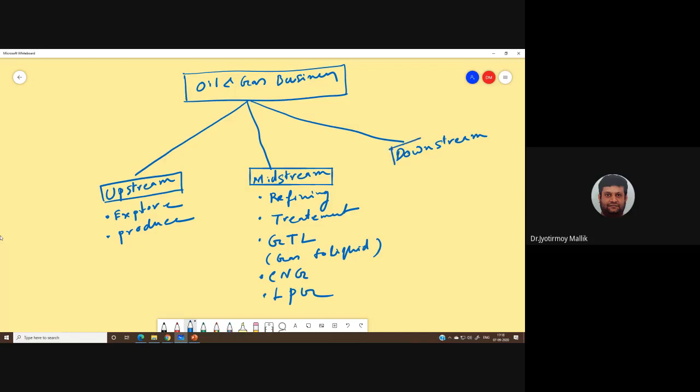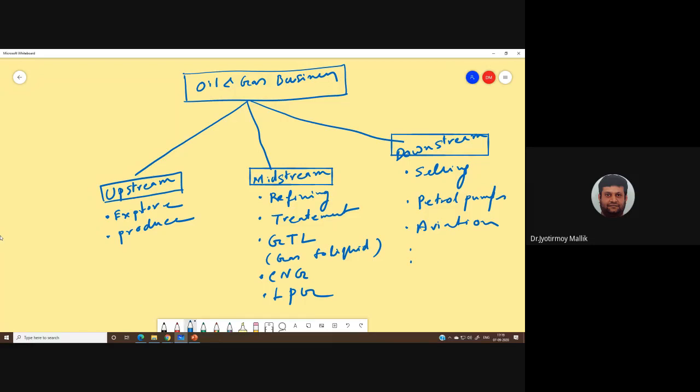And downstream is essentially selling. That involves petrol pumps, aviation, and you name it, wherever oil and gas is sold.